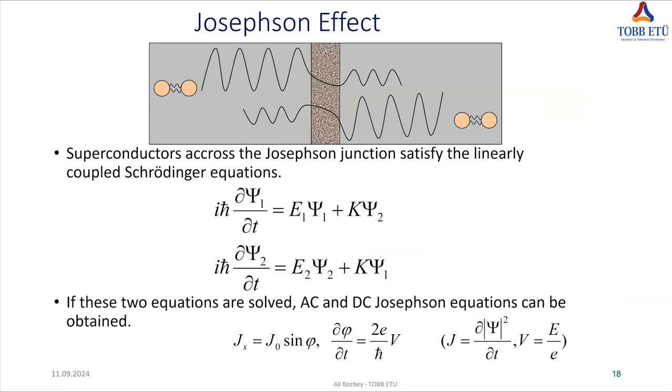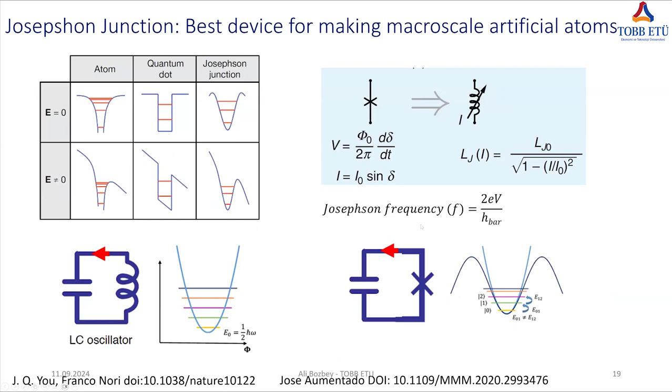So each property has some advantage in different circuits. So I will keep this question in mind, and then when I show a device, I will explain which property of superconductivity is important in the design. So superconducting materials are not only zero resistive materials.